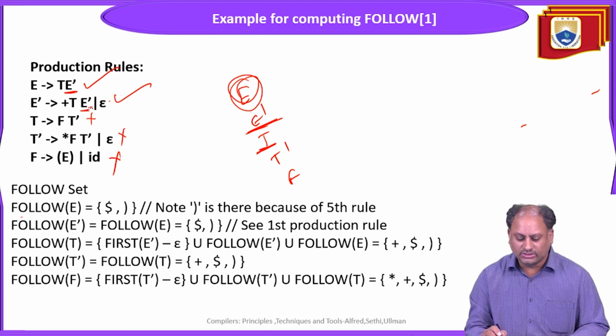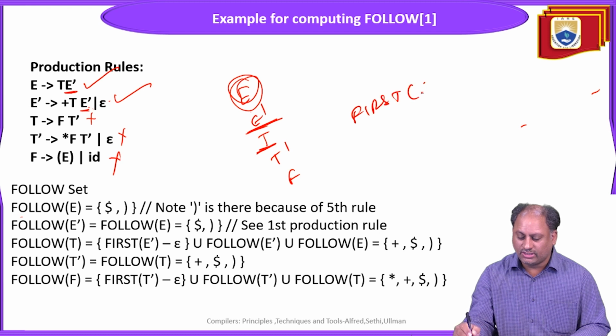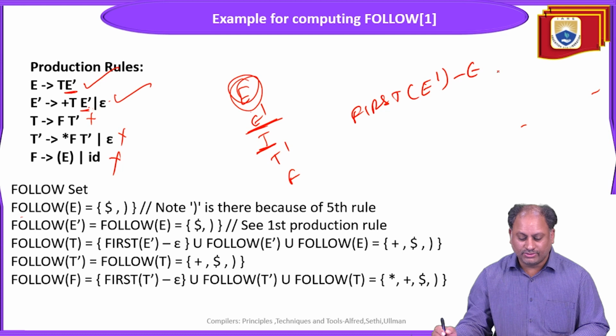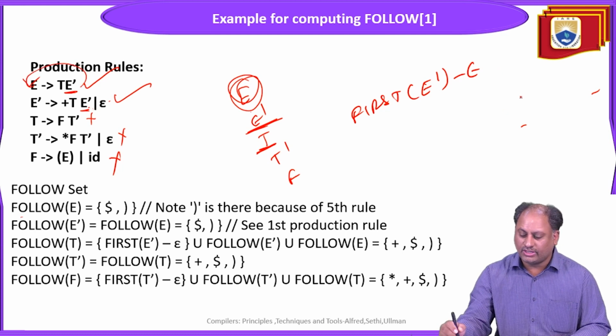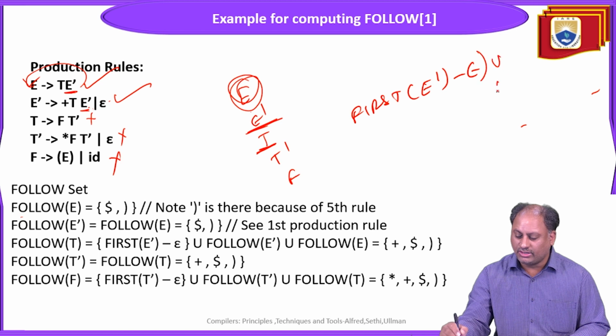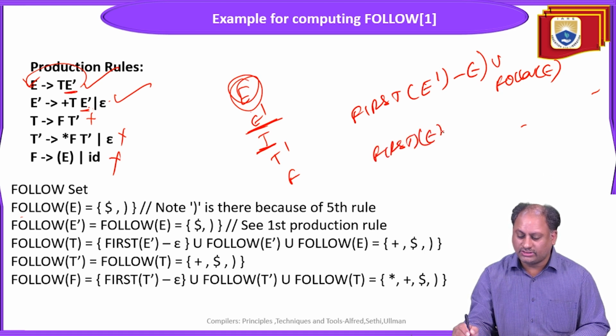So we consider first of E dash excluding epsilon, and then we compute follow of E also, the union with follow of E. Whereas in the second case, we get first of E dash minus epsilon, and we have to include follow of E dash.